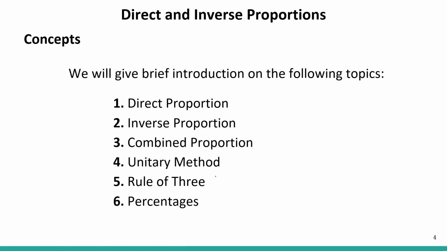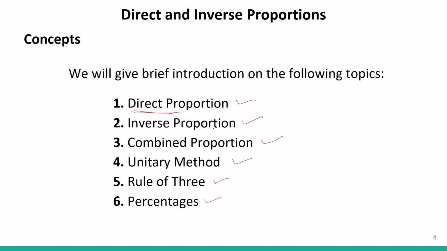We'll be seeing six topics inside direct and inverse proportions: direct proportion, inverse proportion, combined proportion, unitary method, rule of 3, and percentage. We will see what direct proportion is and how it connects two variables.